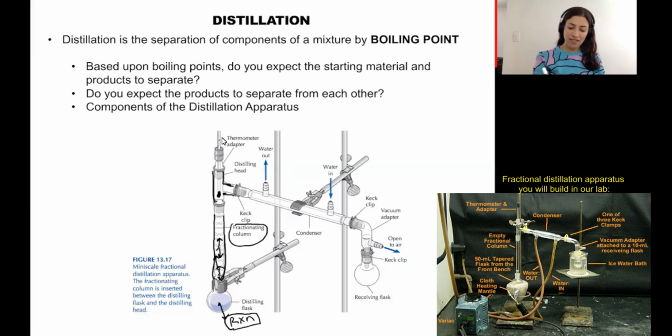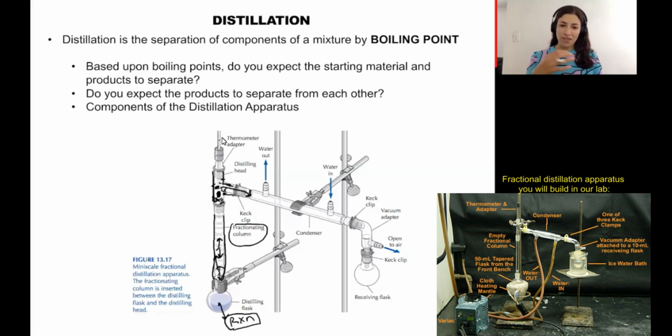And what this does is it allows the vapor, once it has saturated this thermometer head, to begin to travel over for collection. It's very difficult for us to collect and contain a gas.